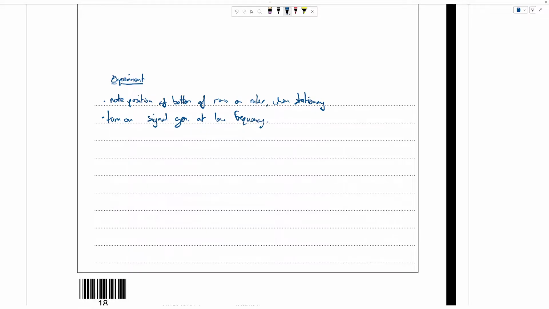And we'll note the maximum displacement of the oscillating mass, i.e. its amplitude.